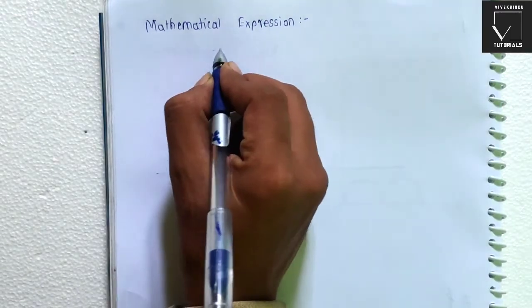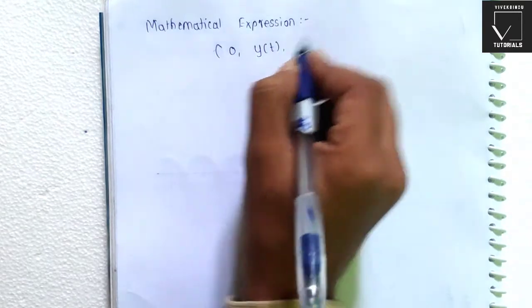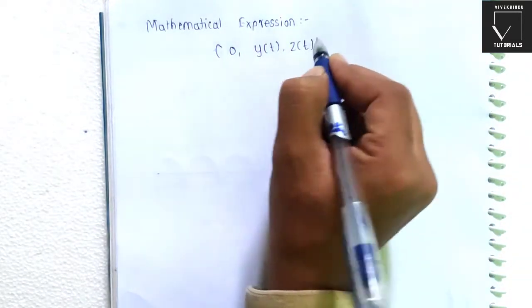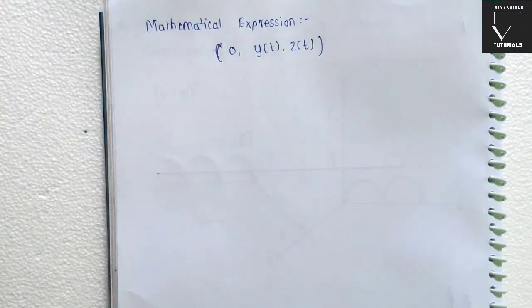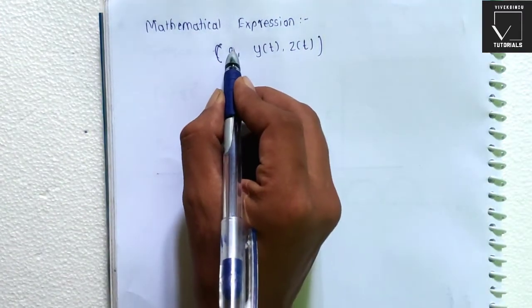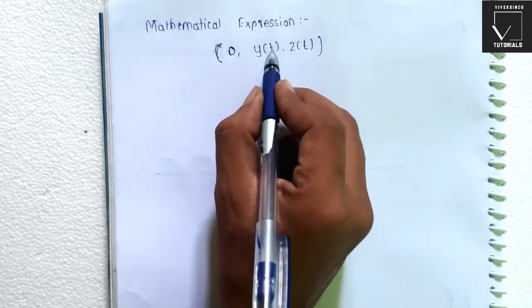We will now find out the mathematical expression for its trajectory. For that, let's consider a particle in 3 dimensions whose position coordinates are given as 0, y of t and z of t. Here there is no motion of the particle along the x axis, therefore the x coordinate is 0. Here t means position depends upon time.